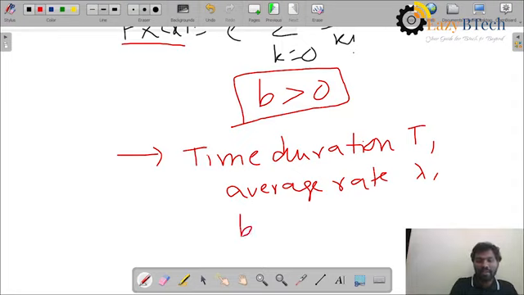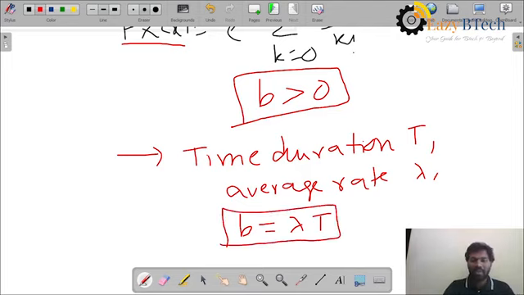In that case, you will write b is equal to lambda into capital T. So the constant b can be written as the multiplication of average rate into the time T. You have to use this if the problem gives you the average rate.